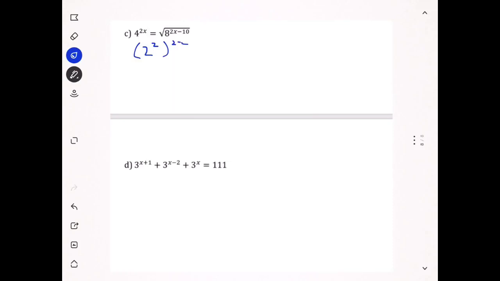Don't forget what's on the outside there, 2 to the x equals, what root means is to the power of a half. So we can change that to the power of a half. So 8 to the 2x minus 10 to the power of a half. You should remember this from other sections in maths.